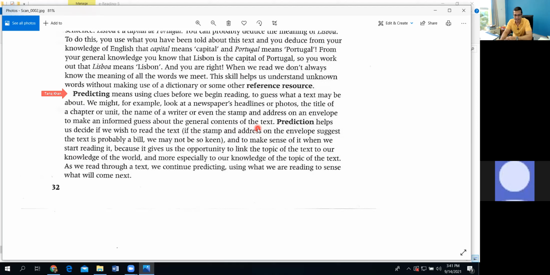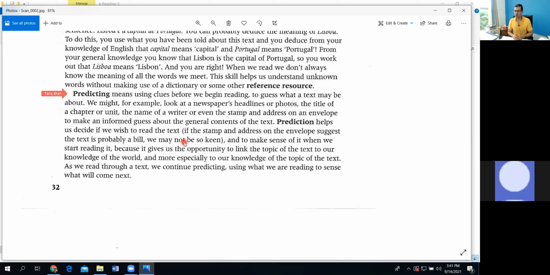Or what is it? Prediction helps us decide if we wish to read the text. And prediction will help you, okay, if it is a usual statement, then we keep it to a side, we don't read it. Likewise, this thing happens when we are glancing through the newspaper headlines and we see that a news item is there, and then we predict what would be further. So we decide whether we want to read it further or not.